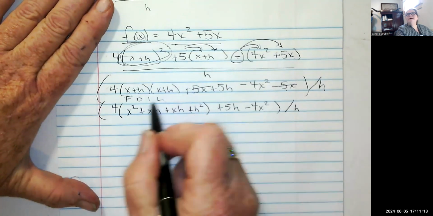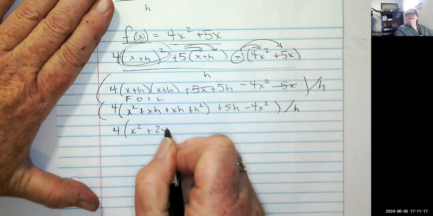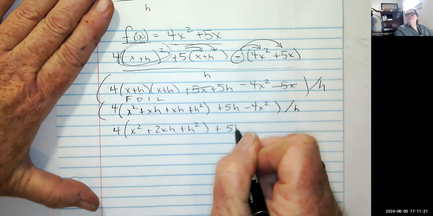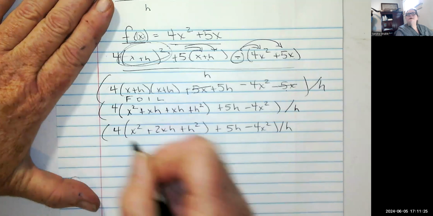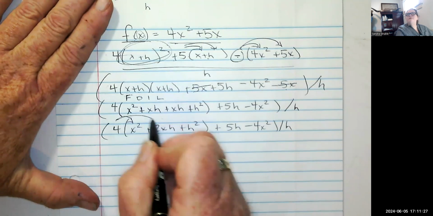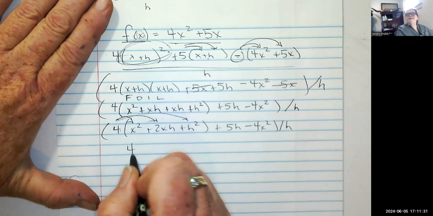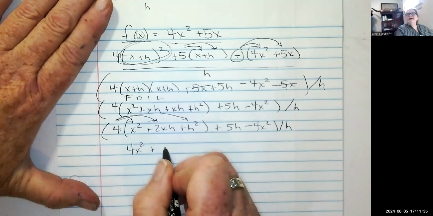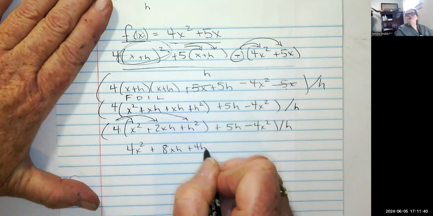Next, I'm going to combine like terms inside this parenthesis. So x squared plus 2xh plus h squared. And then I'm just going to bring everything else along with it, over h. Now I'm going to distribute my 4 over this trinomial. So 4 times x squared is 4x squared. 4 times 2xh is 4 times 2 is 8xh. 4 times h squared is 4h squared.